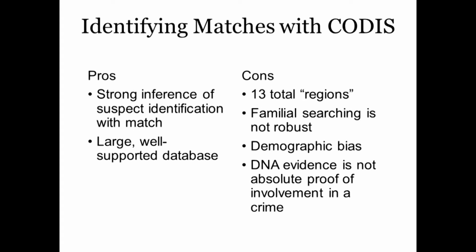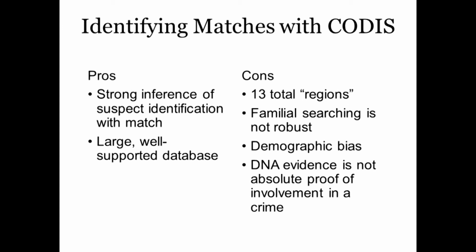Okay, so some advantages and disadvantages of the CODIS system. If you have a perfect match between a crime scene sample and a suspect, there's a strong inference that that suspect is the one responsible for leaving that DNA at the scene. The exact statistics depend on things such as background demographics, but in general, it is very rare that there will be an exact match at all 13 sites.